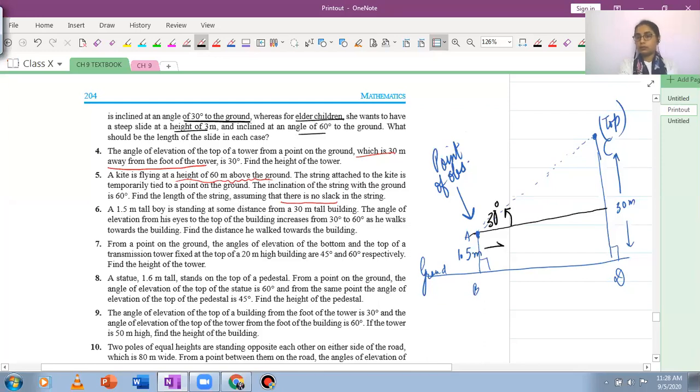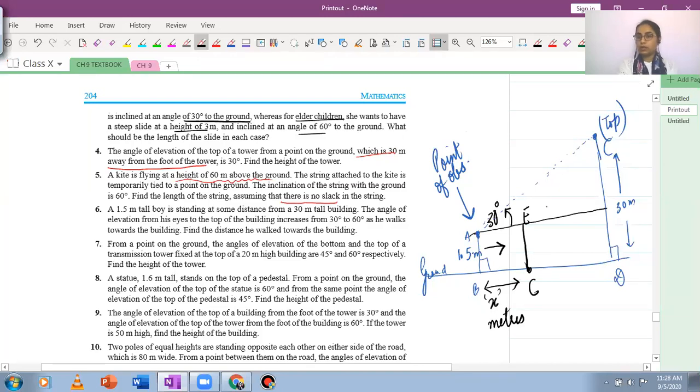Then the boy moves towards the building. The boy walks towards the building, and suppose he covers a distance X meters, and he reaches this point, point C. So now the position of the boy will be this one, after walking some distance towards the building.